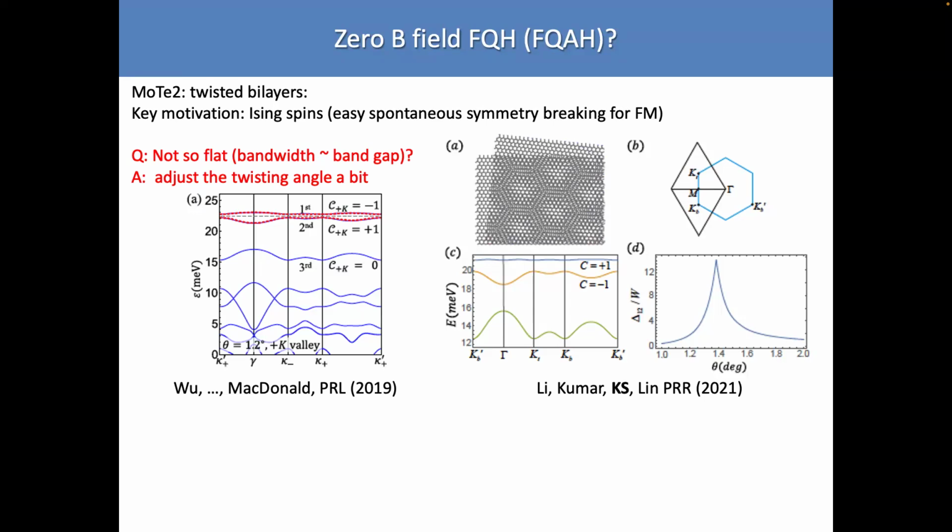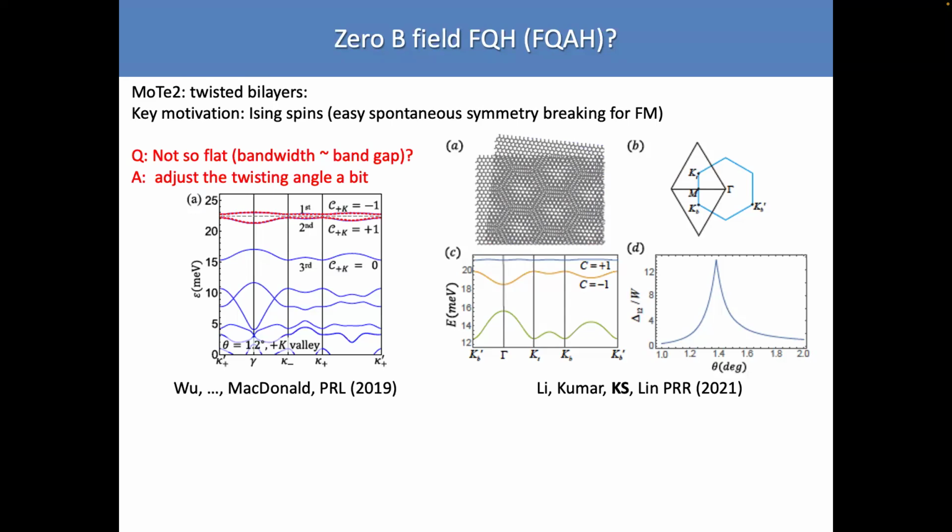By doing so, we find that at about 1.4 degrees for MoTe2, this band gap to width ratio can be more than 10. That's based on our previous experience, this is actually good enough. And this is the band structure. You can see by changing the twisting angle theta, the top band can be really, really flat. The bandwidth is much smaller than the gap.